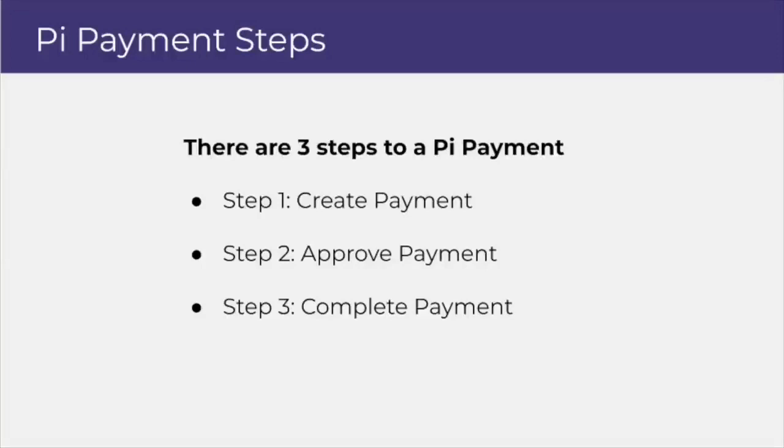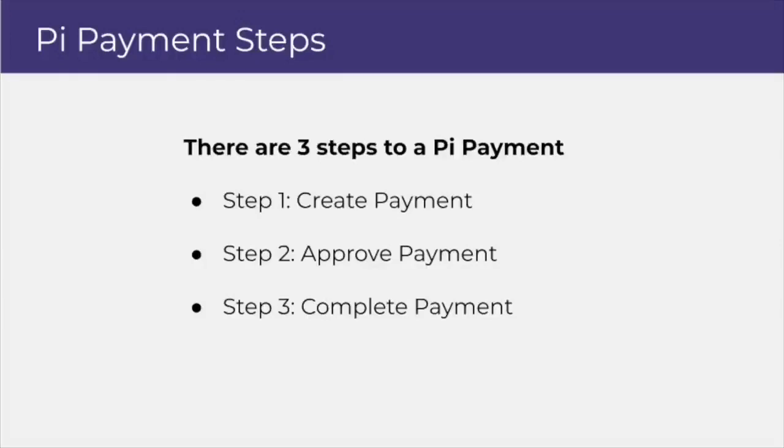So the process breaks down in 3 steps, which map pretty closely to what Christian was showing earlier. First, the app creates the payment. The user approves the payment and actually submits the blockchain transaction.